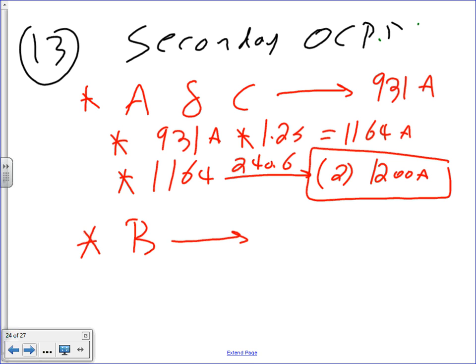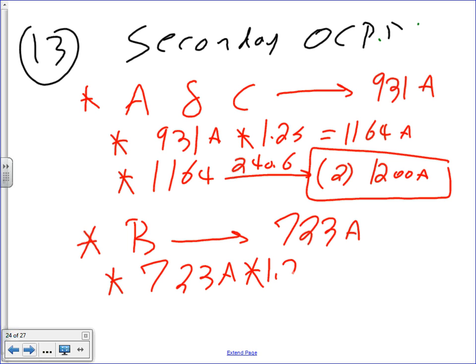Okay, B. For B, guys, B is only going to see 723 amps. That's it, right? So let's do the same thing for B. You take 723 amps, multiply it by 1.25. That will get me a healthy 904 amps.